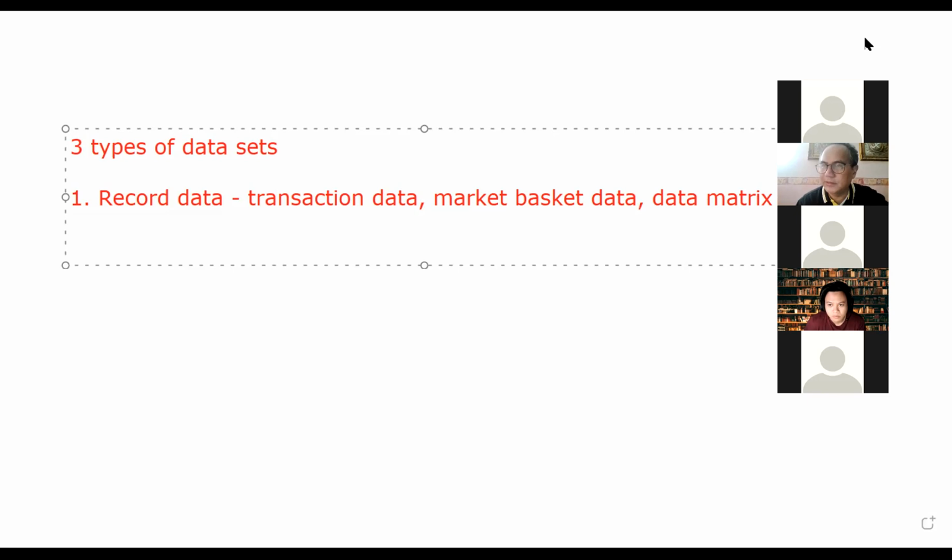When they go to the market, they take a basket, and then you can see statistically, when people buy diapers, for example, they also buy formula milk. Do you get what I mean? When they buy baby diapers, in the basket there is also baby formula milk. So that is market basket data, meaning they buy two things together.